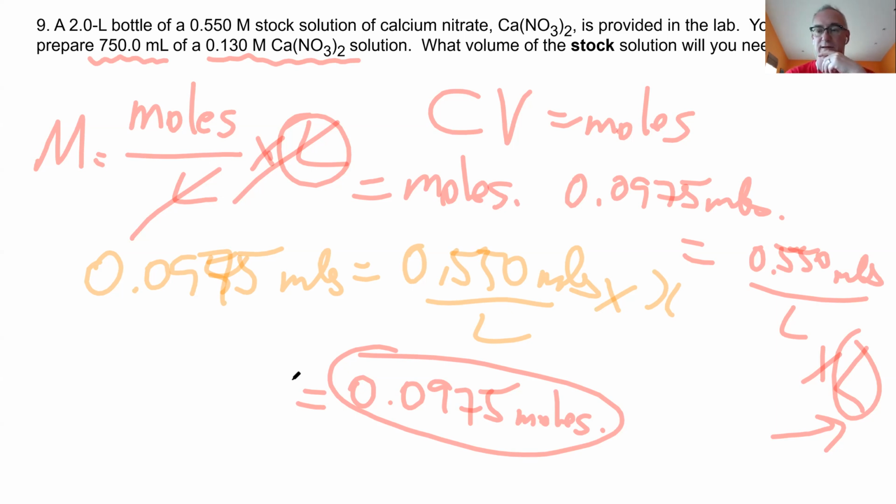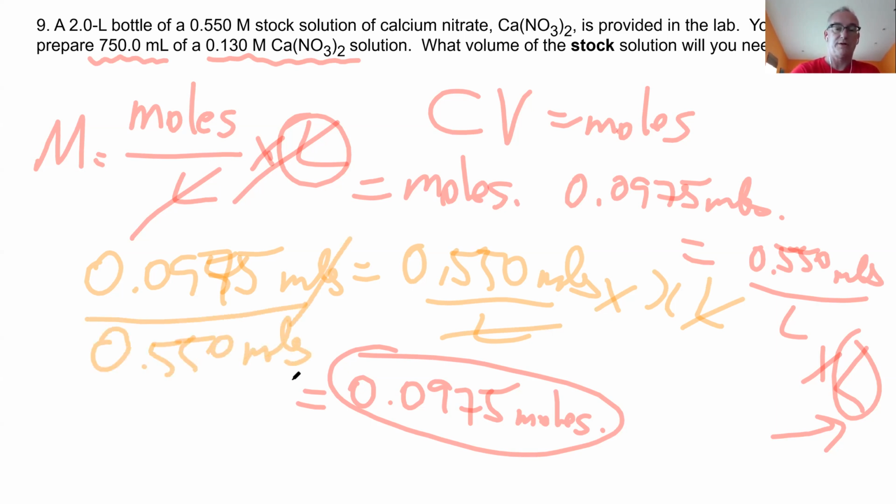Now the easy way to do it, since it's X liters, liters cancels, and all you have to do is divide each side by 0.550 moles. So if I divide this by 0.550 moles, moles cancels out, and I'm left with X equals a certain number of liters. 0.177.